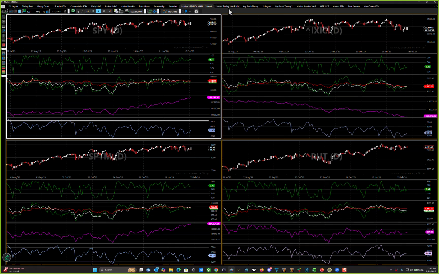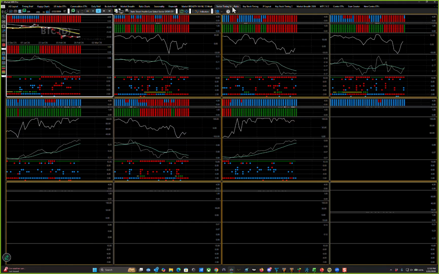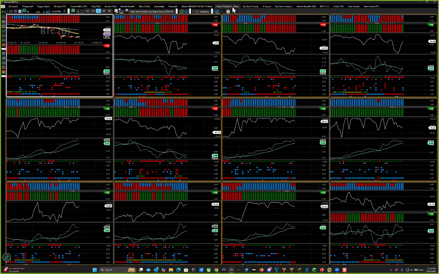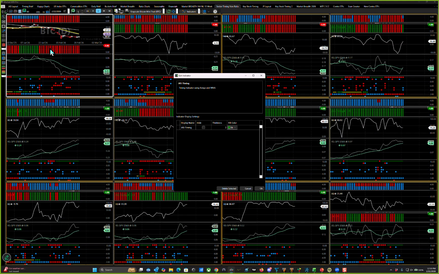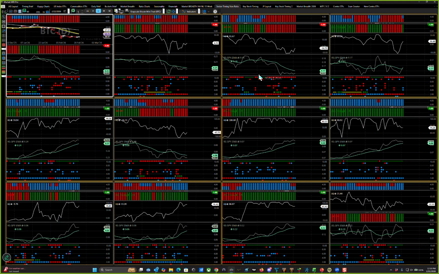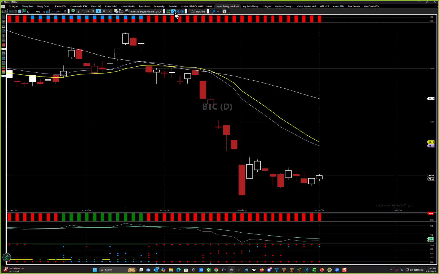I created some new layouts, which I don't know if people have. The ratio charts are great, but maybe I want to look at the regular symbol and not just a ratio chart. So I created a box here of 12, and I'm going to expand that.